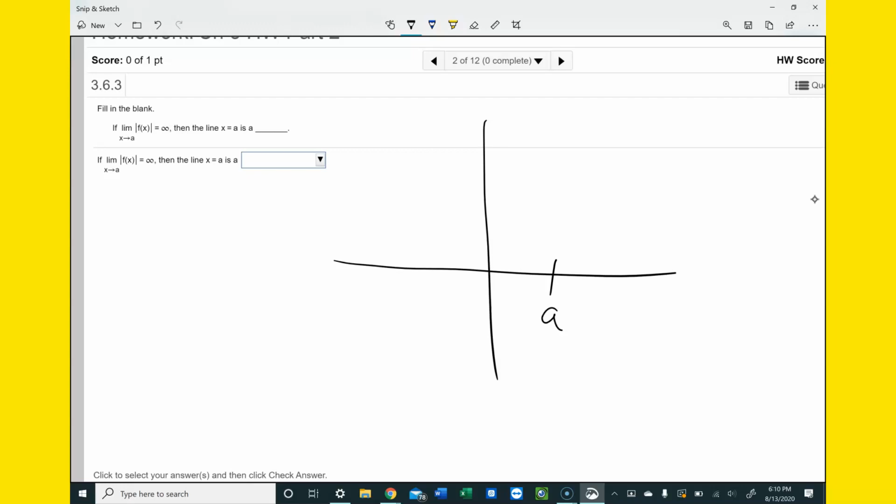And as the x value approaches this number a, the value of the function, the y value, at least the absolute value of it, is going to approach infinity. So whatever this function is doing over here could be doing whatever, but as it approaches a, then the vertical value of the function is going to infinity.